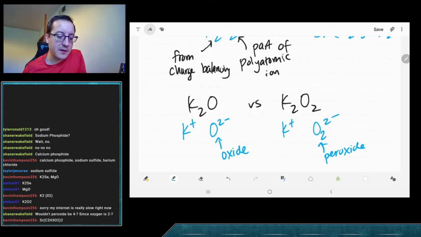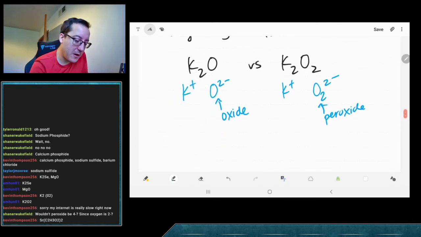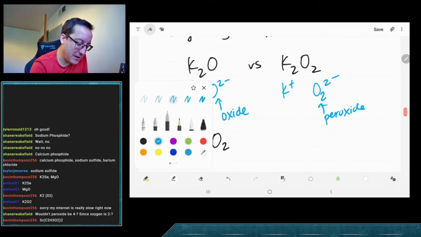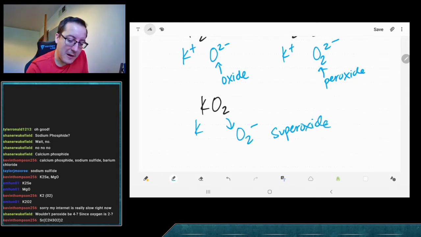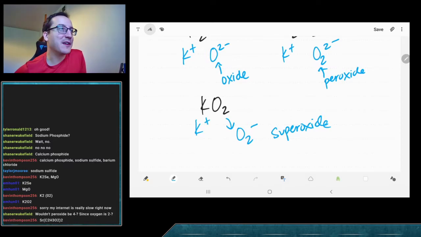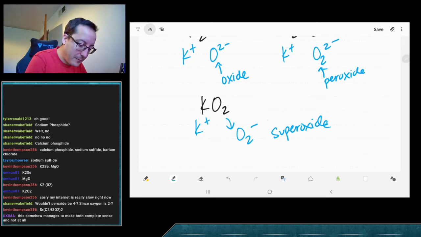Okay, so that's why they're different. And just to really mess with you, there is another one, which is actually, interestingly enough, O2-, which is superoxide. That's not one of the ones that I'm going to have you guys learn, but that's how you would be able to differentiate them. You know for sure potassium is +1, so you just kind of have to work with the rest of it to see.